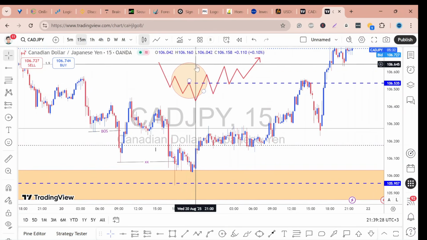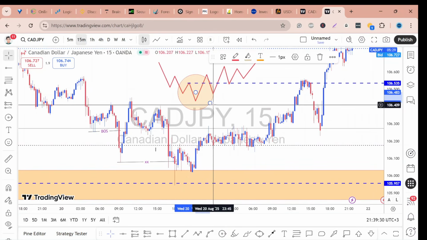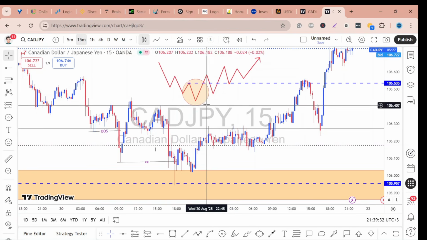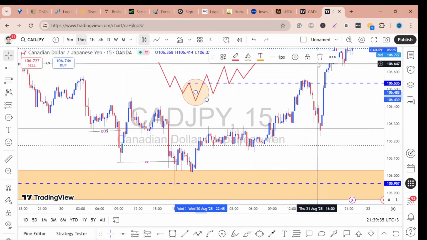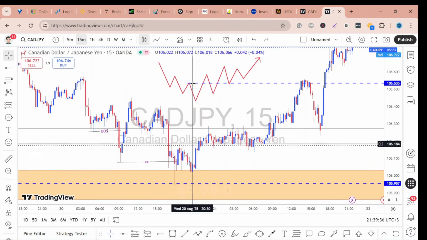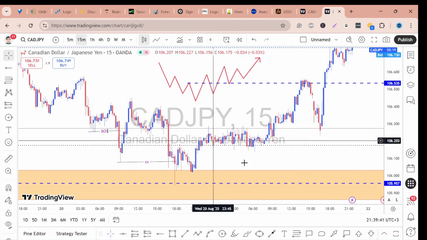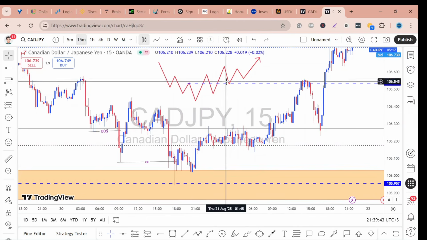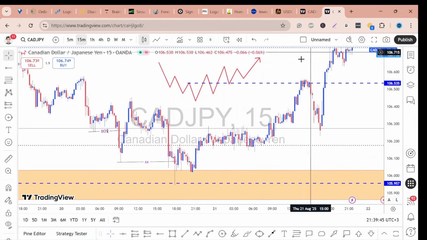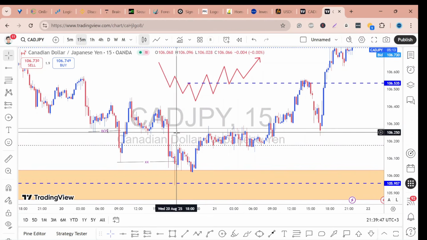Be keen, guys. When the change of character is happening at this point, this is when we are now interested in the market. And once we have this change of character on the lower time frame, that is a confirmation that the market is now ready to pull back or change direction.